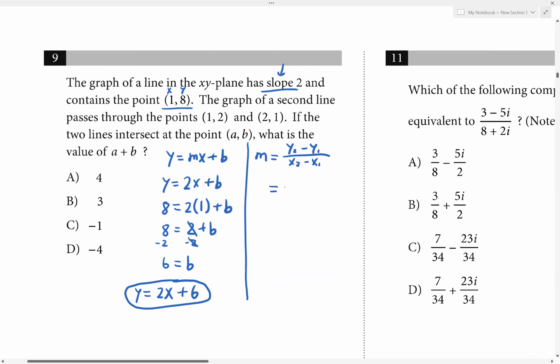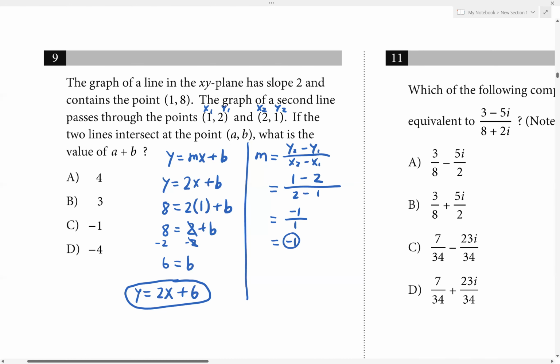So you can plug the points into the slope formula, with the two points being (x1, y1) and (x2, y2). It'll be 1 minus 2 over 2 minus 1. So again, negative 1 over 1, which is just negative 1. That would be our slope.